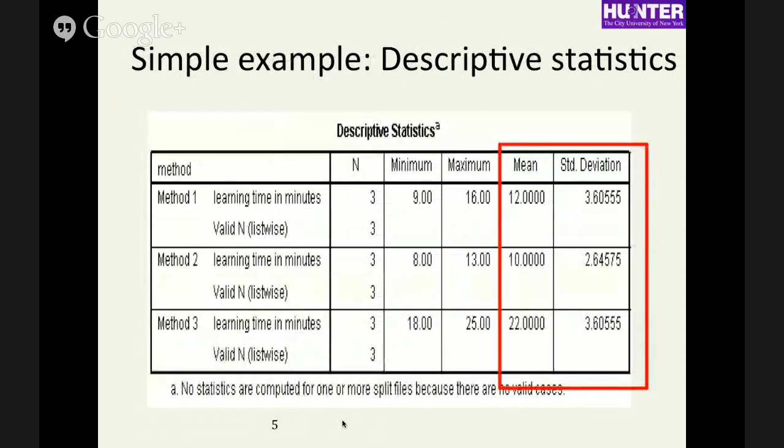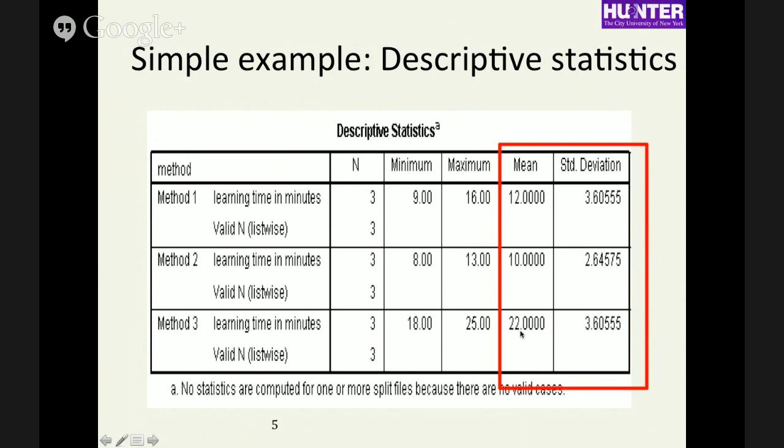Here's some descriptive statistics. The first thing that you're going to do when you test hypotheses, and we're seeing here, so for each of these groups, there's just 3 observations, and we see the means and the standard deviations. Means are 12, 10, and 22.